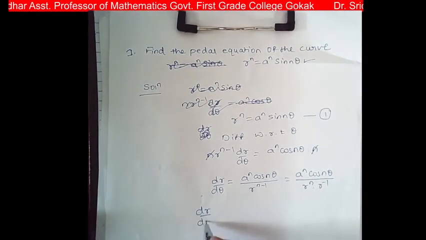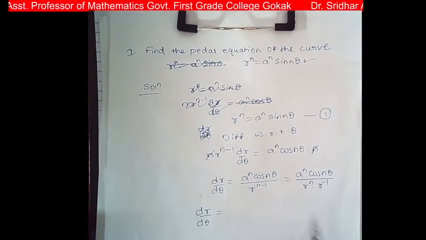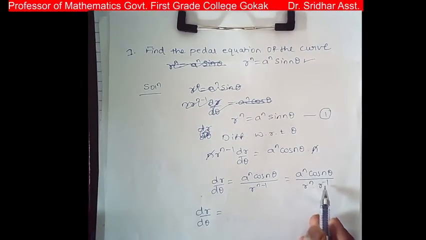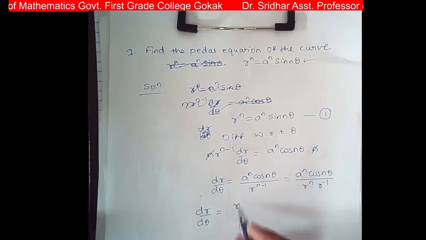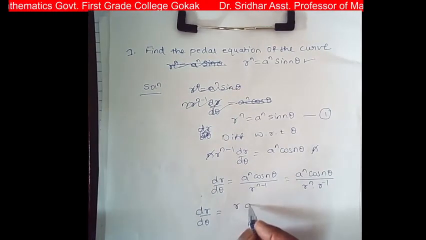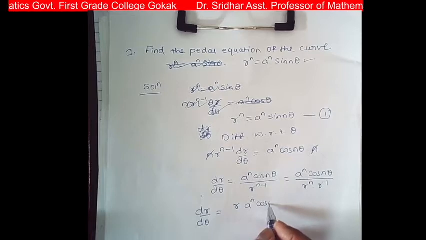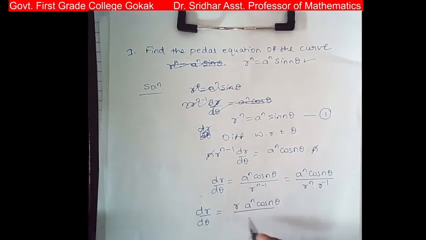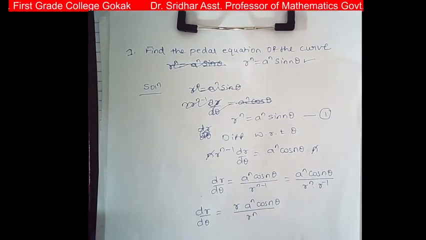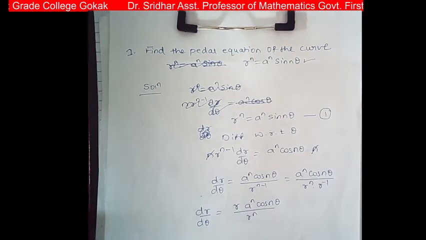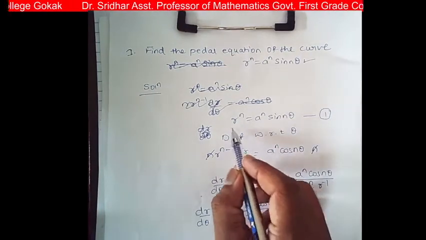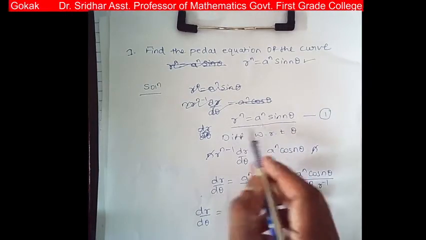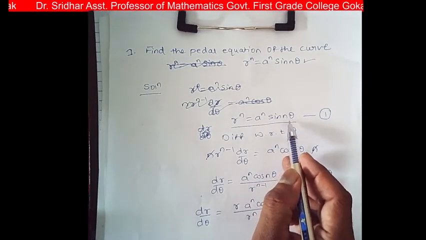So dr by d theta is equal to, taking r raised to minus 1 in the numerator, r into a raised to n cos n theta divided by r raised to n. Now from equation 1, r raised to n is equal to a raised to n sin n theta.